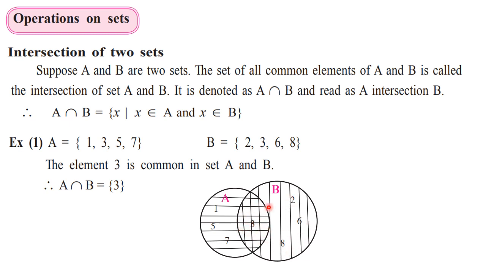But 3 is common, so it is written only once. You can clearly see that this shaded mesh-like part denotes A intersection B. These Venn diagrams are very important while solving word problems, because in problems we are going to have words like intersection and union. In the previous lecture we already studied this, and then we discussed the solved examples from the textbook.